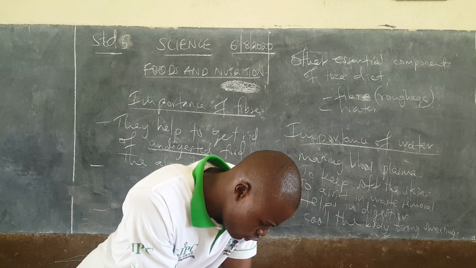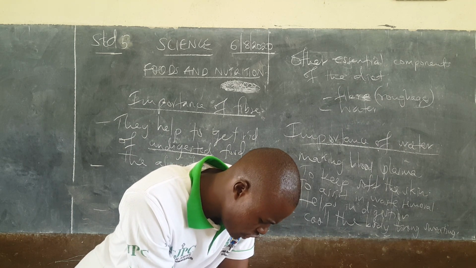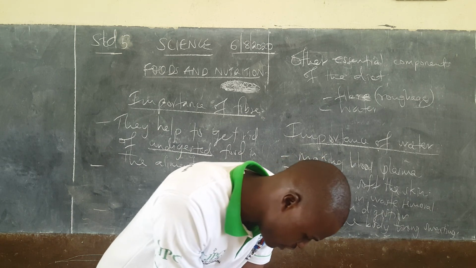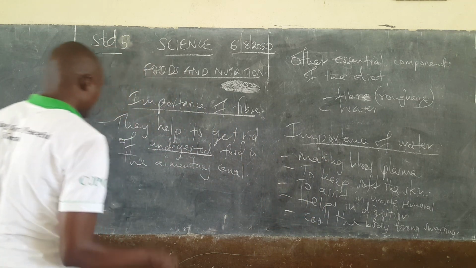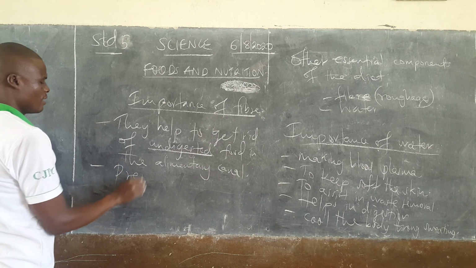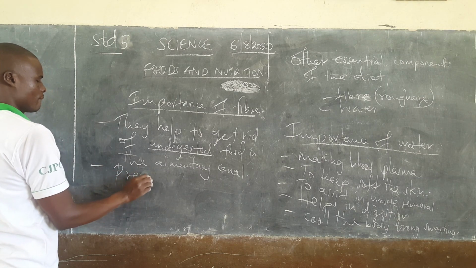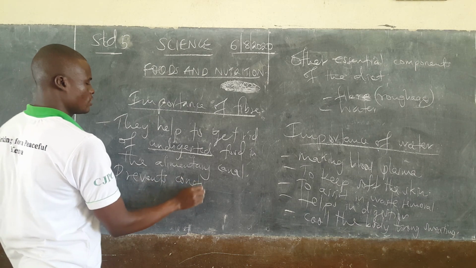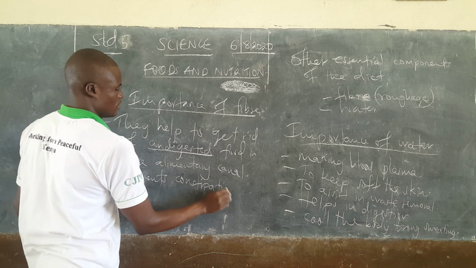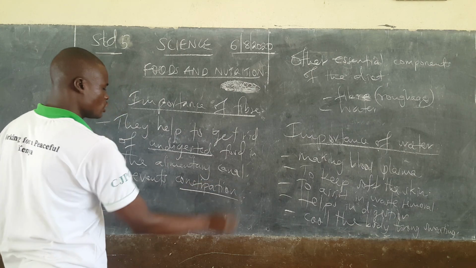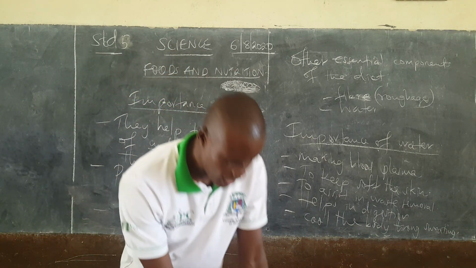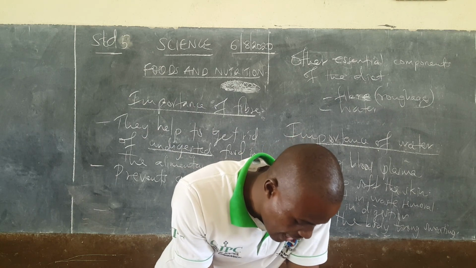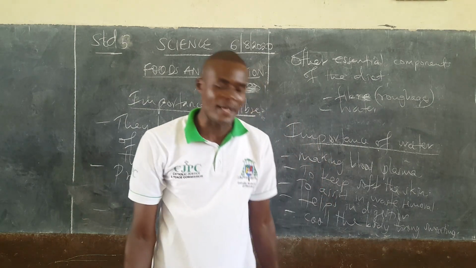And again, when one is not able to empty the bowels, the condition is called constipation. So fiber prevents constipation. Constipation is the condition whereby a person strains when passing waste.